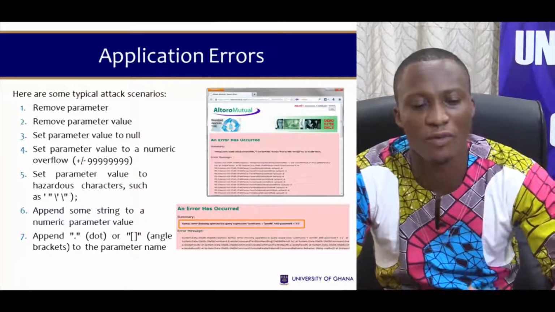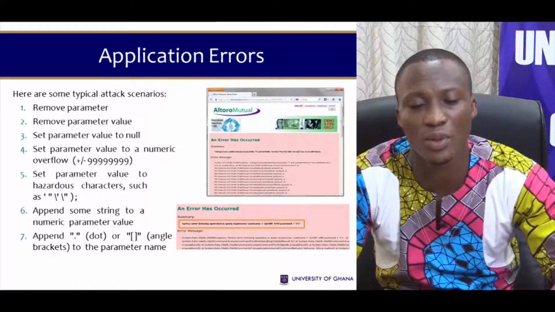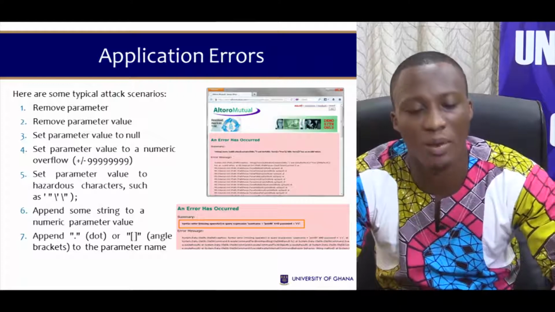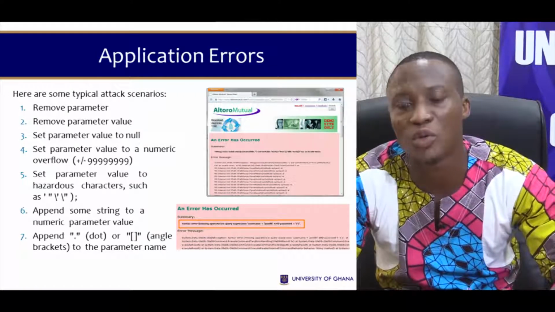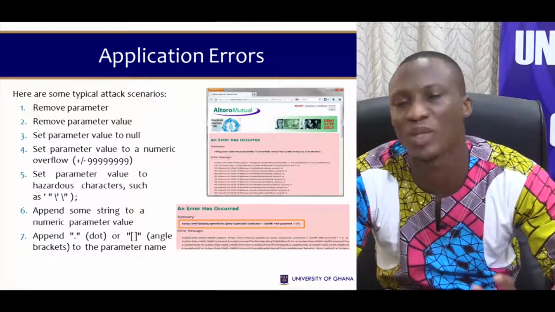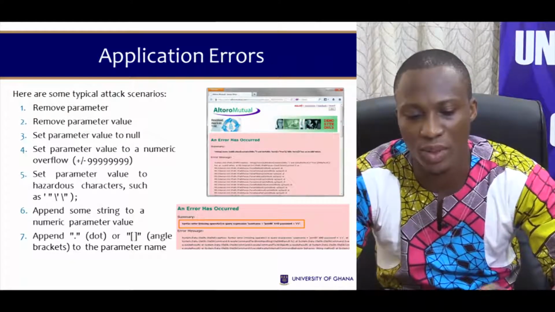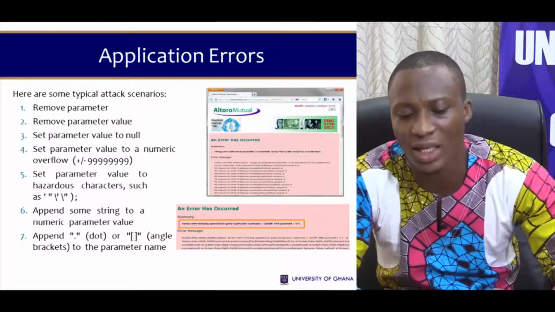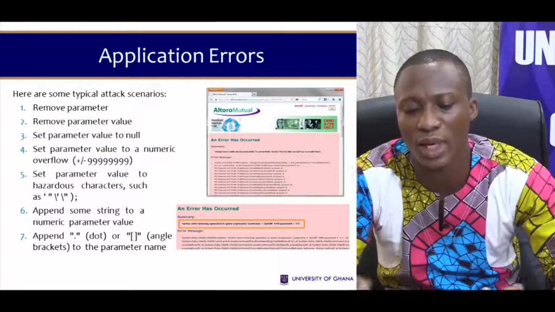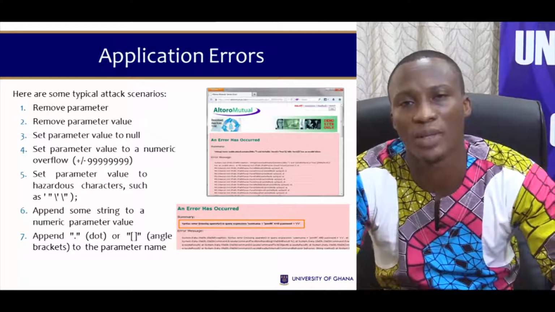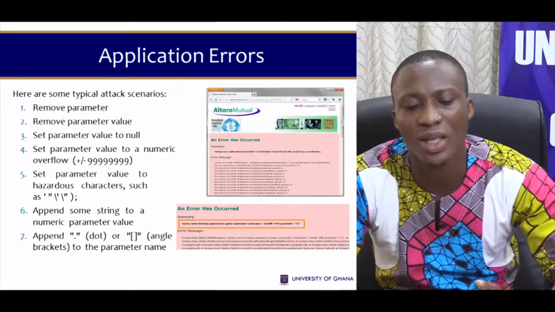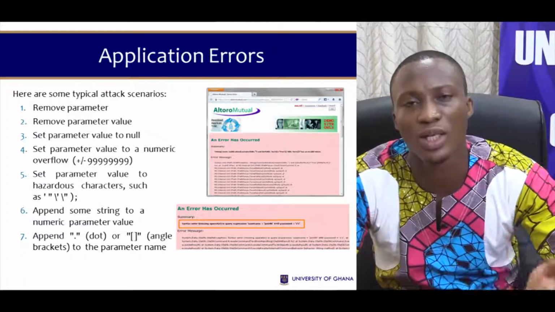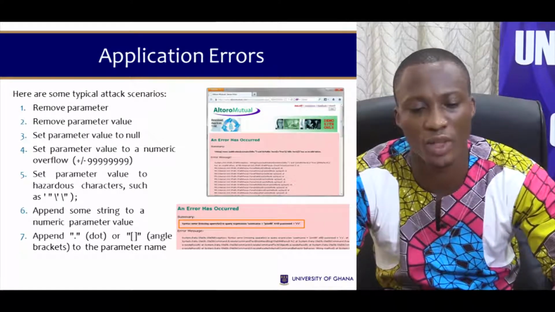So here are some typical attack scenarios with regards to application errors: removing parameters, setting parameter values to null, appending some strings to numeric parameter values. These are just a few. So we realize that an error has occurred, and that error has exposed the username and the password. So once these things are not taken care of, they lead to server misconfiguration.